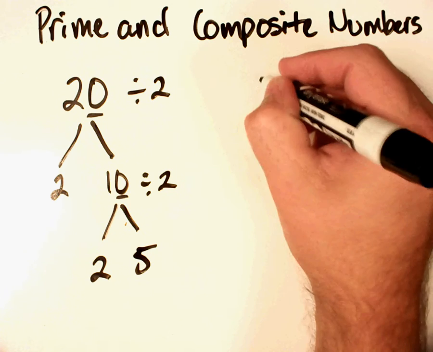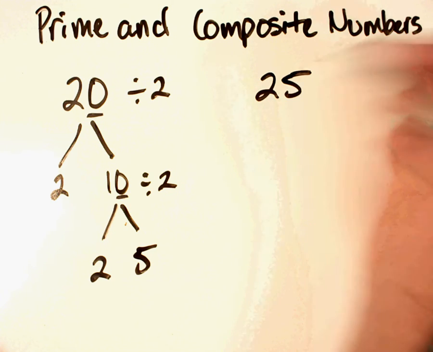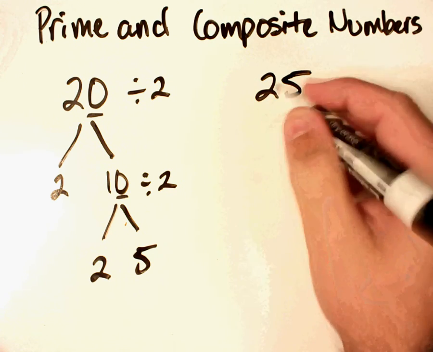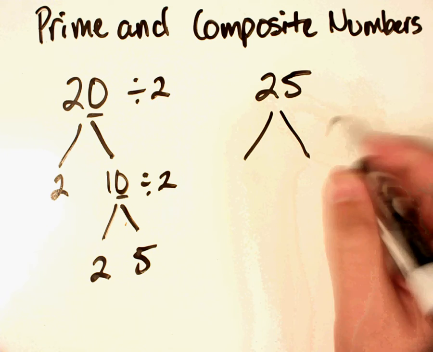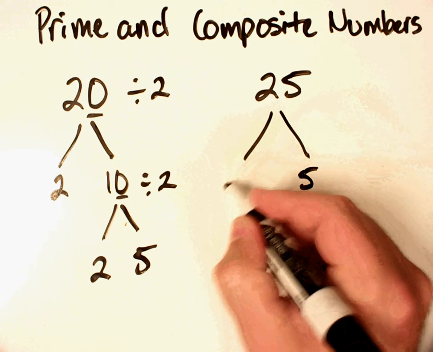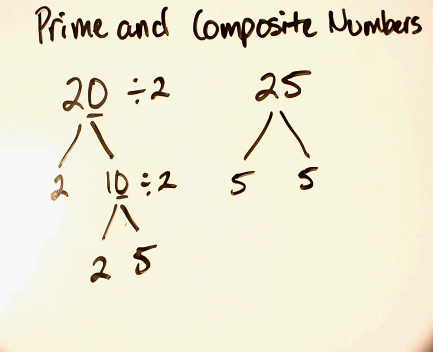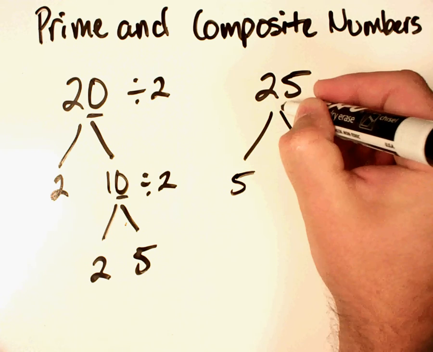But let's do 25, because I want to show you this too. So with 25, I know that 5 times 5 gives me 25. Now here's what I want to show you.